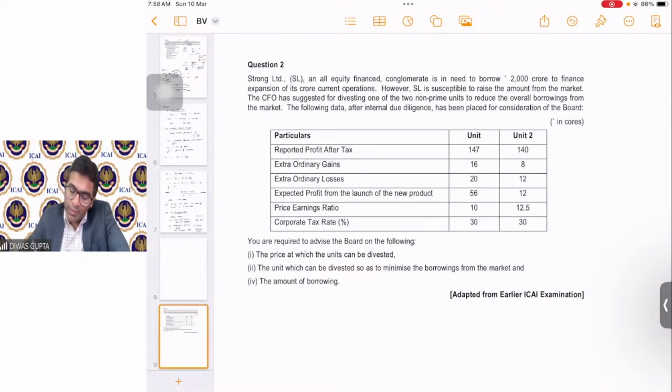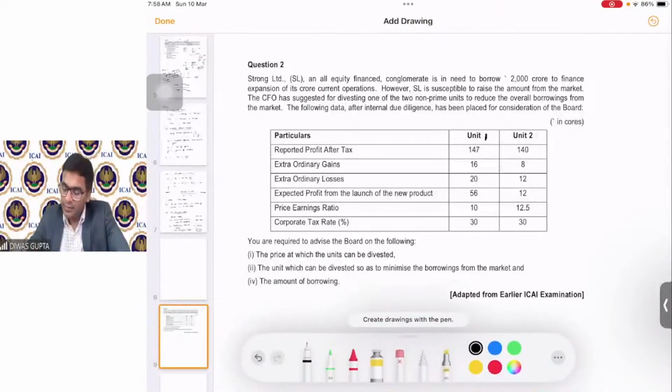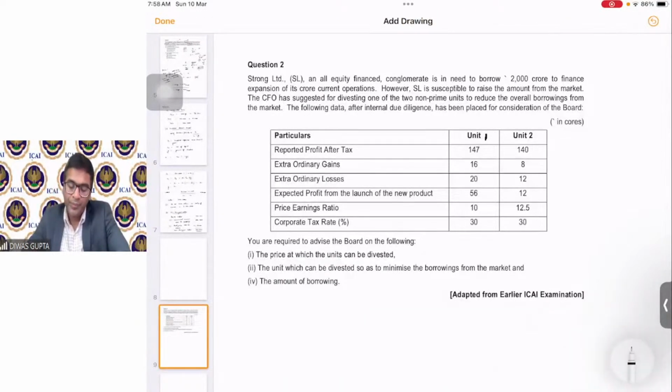So this is unit number 1, students, and the other one is unit number 2. Reported profit after tax is what they have given. Extraordinary gains, extraordinary losses. What do we mean by extraordinary gain or losses? Extraordinary gain or losses means those which are not going to continue in future, which cannot continue in future.